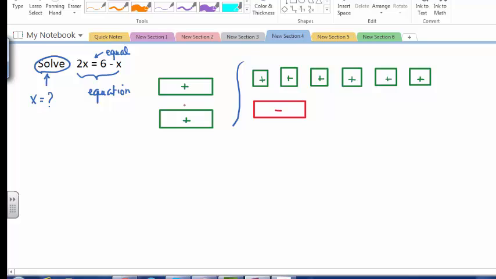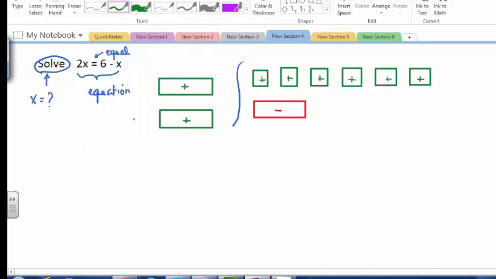That means we want to see all rectangles on the left side and all squares on the right side. So how to do this? I need to move this red rectangle from here. I don't need it. I need to isolate these 6 squares. I don't need a rectangle here. How to do it? This is the idea.